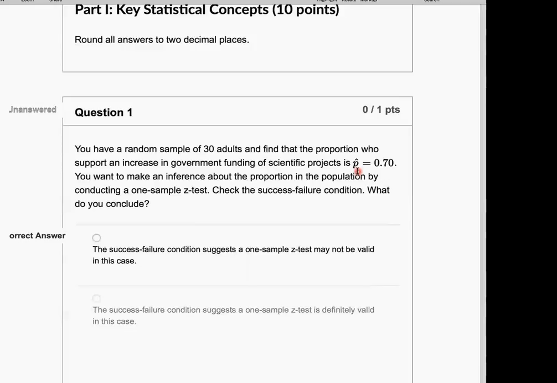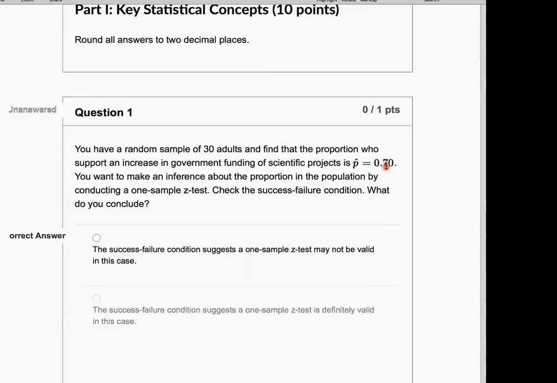So if you see p hat equals 0.70, keep in mind that you're talking about the proportion of the sample who endorse or express some attribute. In the class lecture notes, I think it's referred to as a pass-fail binary variable. So just keep in mind that that's what the p hat notation represents.